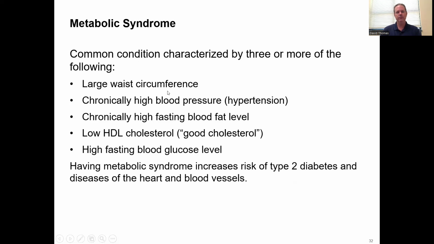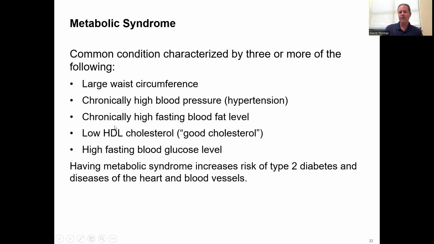Large waist circumference, usually because of excess body fat in the abdominal area. High blood pressure, we're talking about chronic high blood pressure, long-term hypertension. Having a high blood fat level, looking at elevated triglycerides in the body, and lower HDL.